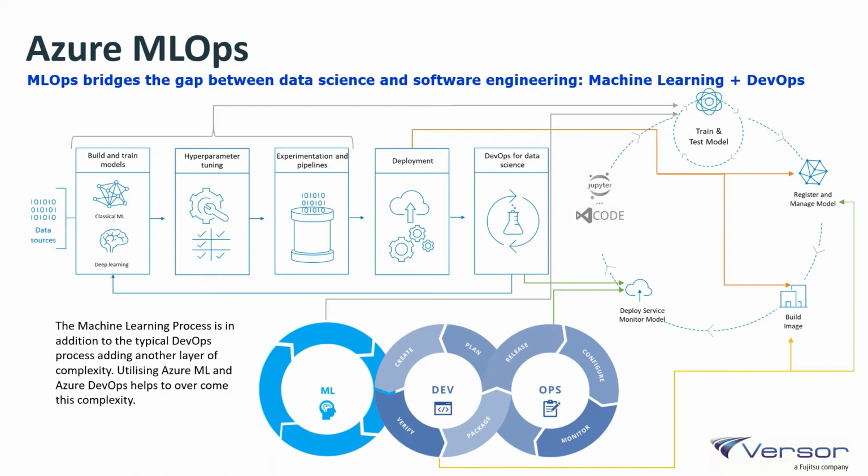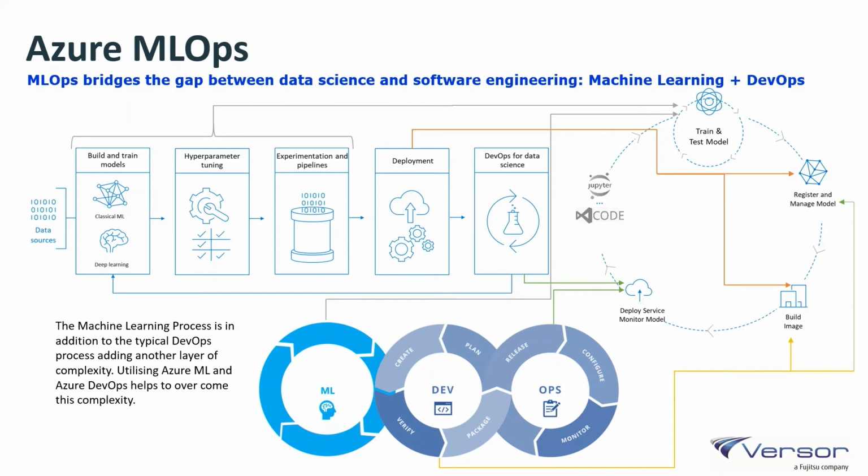So this is bringing machine learning and DevOps together in one process. If we look to the bottom of the screen, you'll notice the DevOps process. You'll see the infinity sign, which is around, if we look to the development side of things, where you plan, create, verify, and package up your development components to be released, configured, and monitored within the operations side.